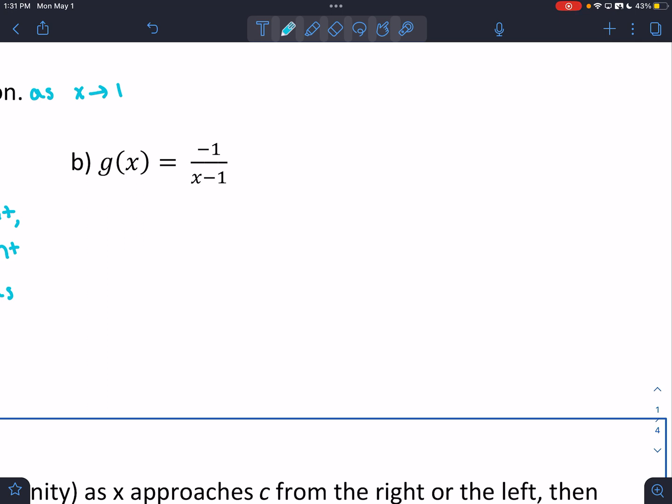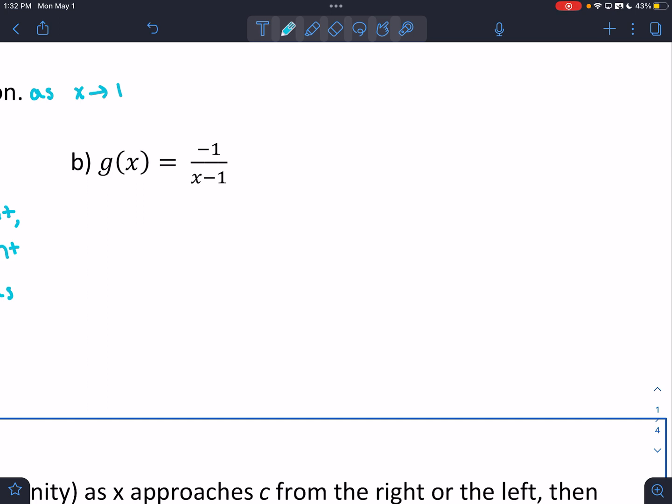So think about what happens if I plug in a number that's really, really close to 1 but less than 1, like 0.9999 again. You get a very small negative number on the bottom, but a negative divided by a negative is a positive, and it's going to turn into a really big positive number.